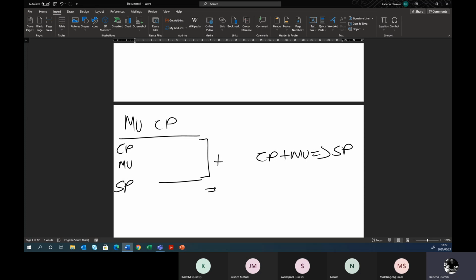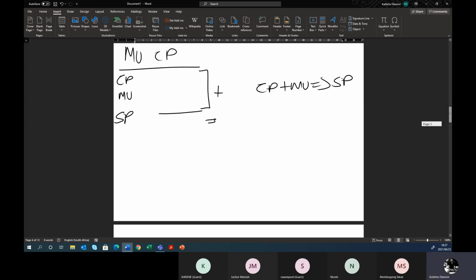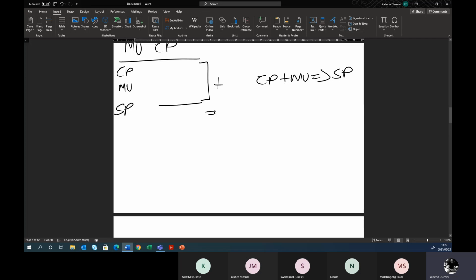Now, if your markup is based on cost price, your cost price has to be 100%. If you get 30 out of 60 for an exam or a paper, you multiply by 100, obviously, not 1,000.